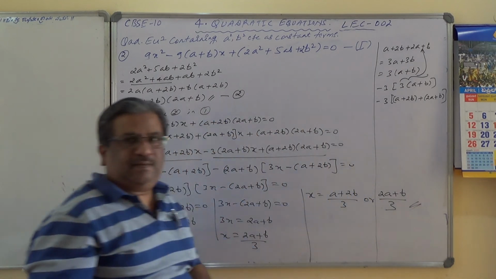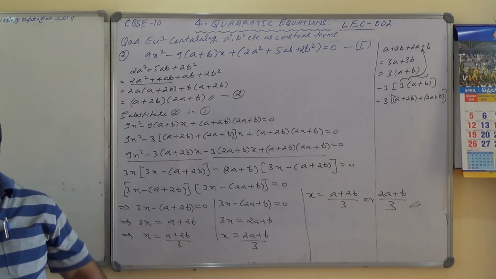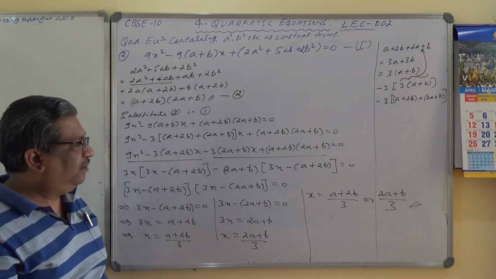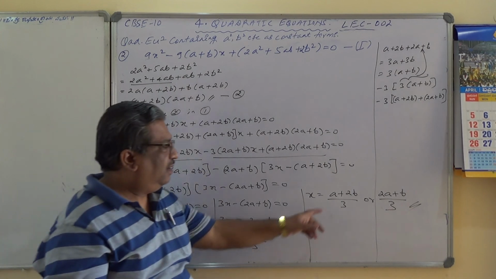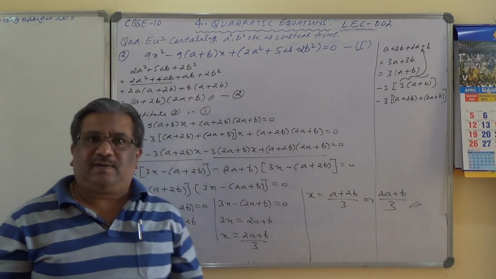Let me check the answer. Yes, 2a plus b by 3, a plus 2b by 3. Yes, this is the correct one.